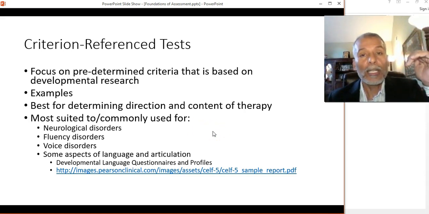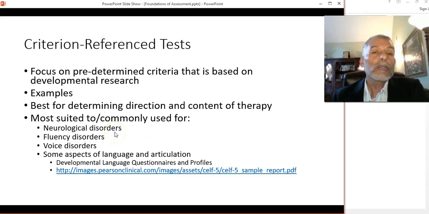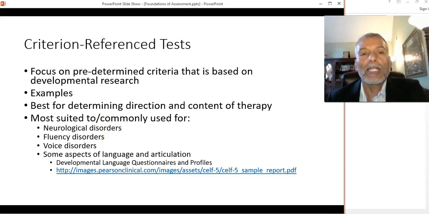You do not give any clues or any hints. You follow particular rules. So they are used typically when standardized tests are not as effective, that is with neurological disorders, fluency disorders, and voice disorders, for example.